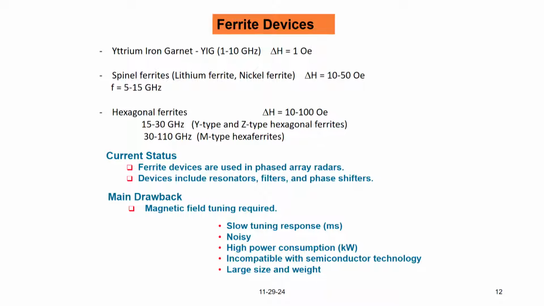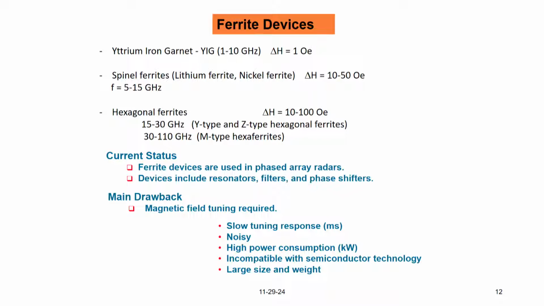And as I mentioned earlier, if you want to tune the operating frequency, then you generally use a variable magnetic field produced by a solenoid or an electromagnet that would make the device power hungry and also too big for any miniaturization. And also it is hard to integrate them with any semiconductor devices. Okay.